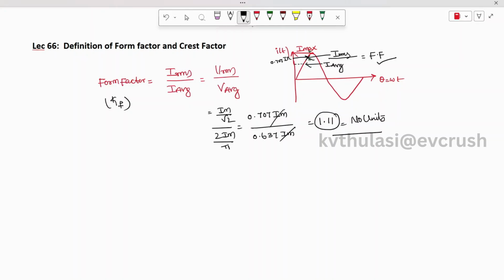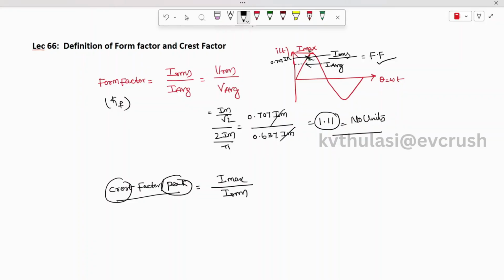Next we have to understand the crest factor, which is also called the peak factor. Here we discuss the peak value or the crest value. The crest factor is defined as the ratio of the peak value, which is I maximum, divided by the RMS, I RMS.